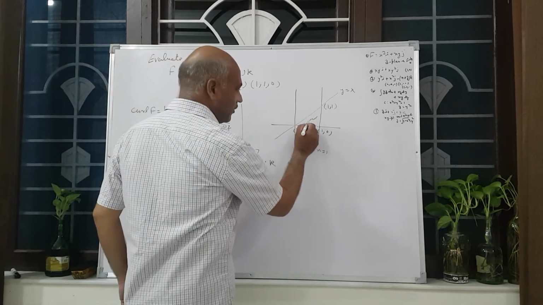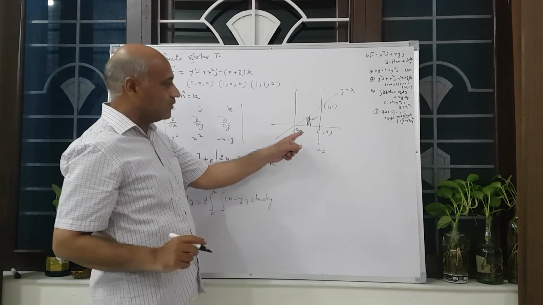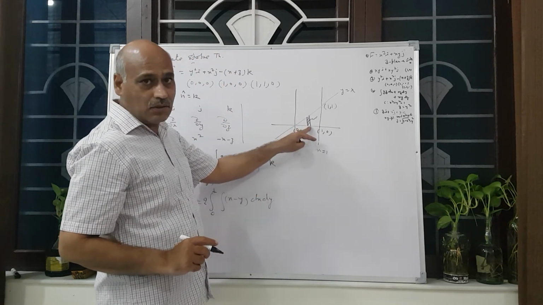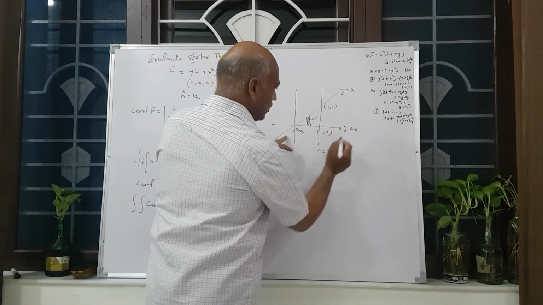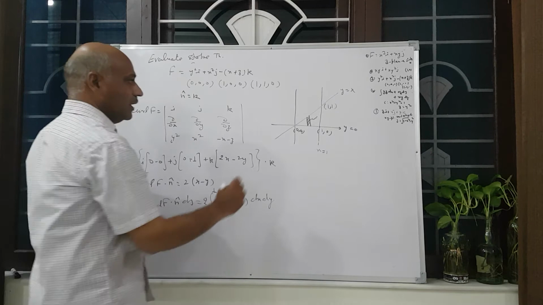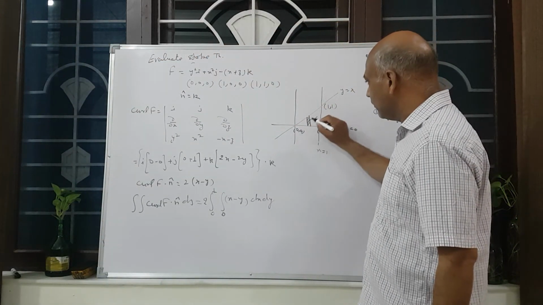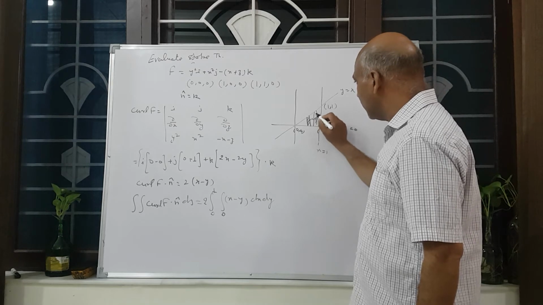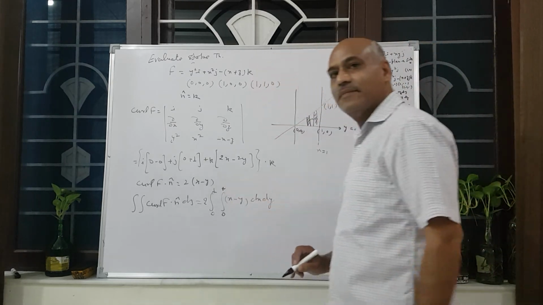So how do we find the limit of y? We make strips like this one. The lower part of the strip is here, y is equal to 0. And the upper portion touches this one here. So what is this? y is equal to x.